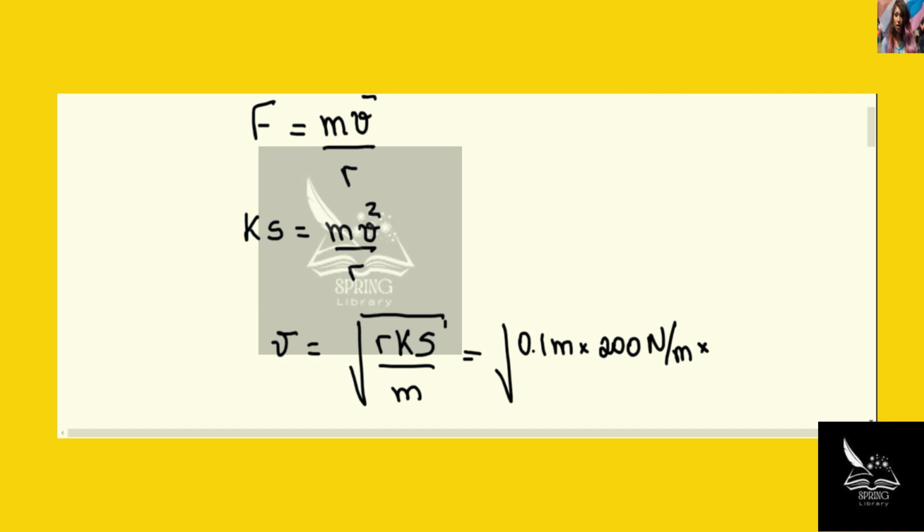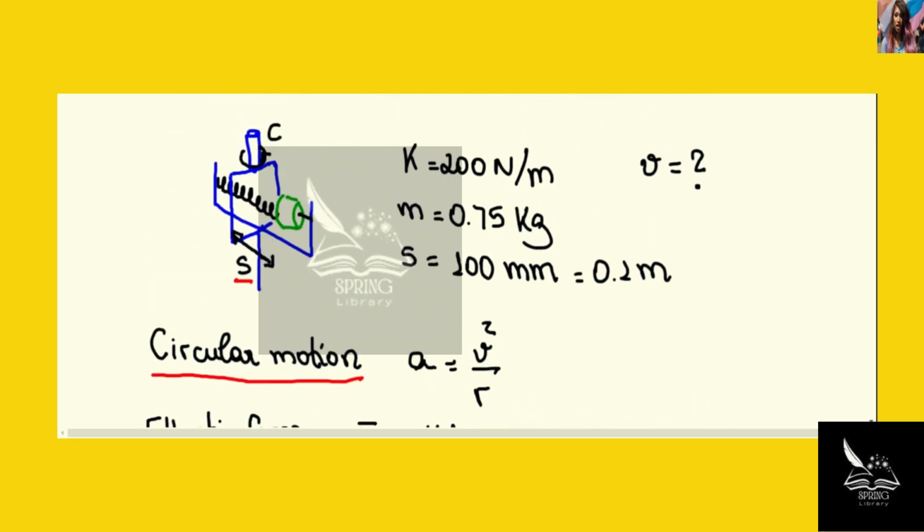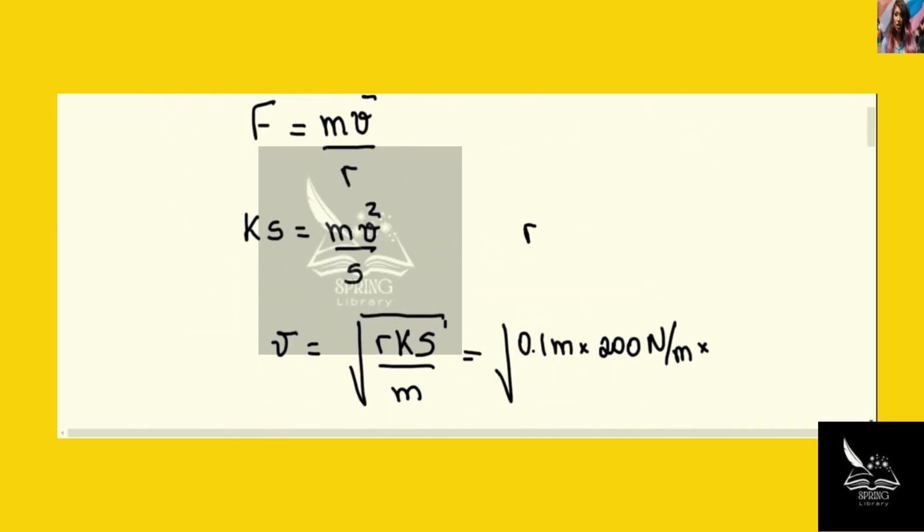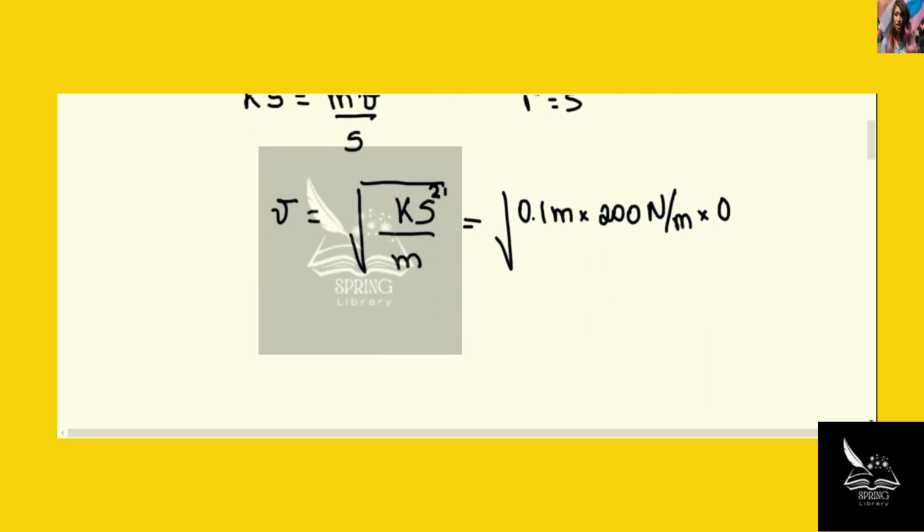And S, I'm sorry, S and R are actually the same thing, of course, because notice in the figure that the radius of the orbit is equal to S, since the center of the trajectory passes through S equals 0, so R is equal to S. So actually what we have is K times S squared, divided by M, which is 0.75 kilograms.